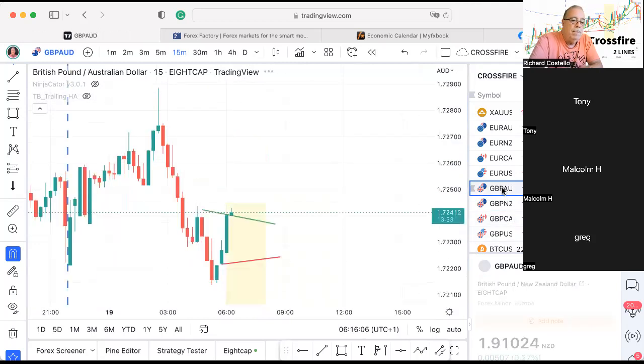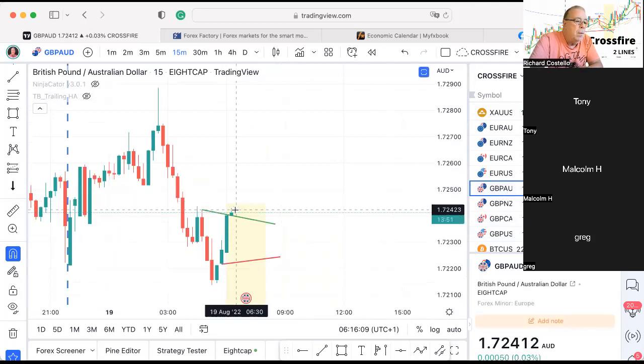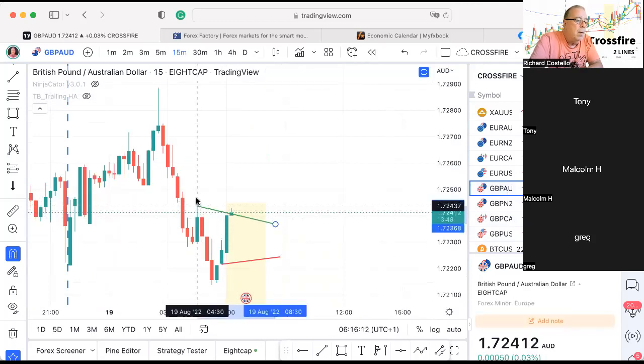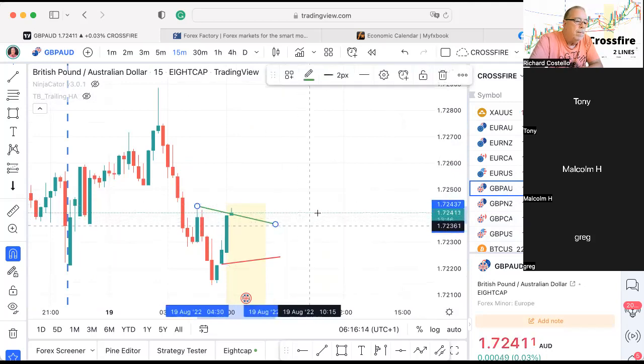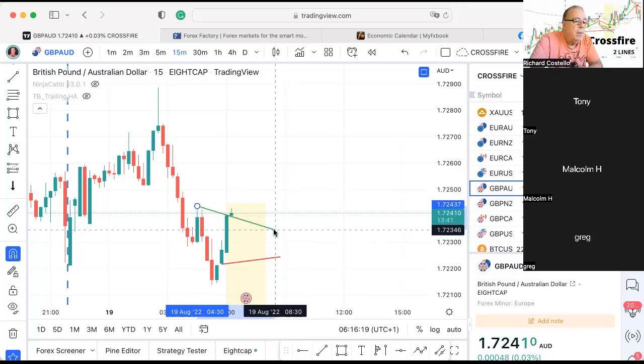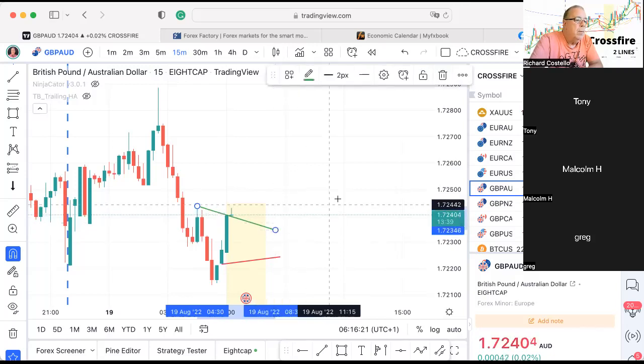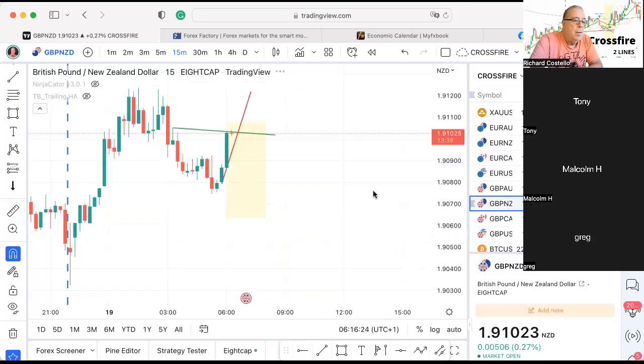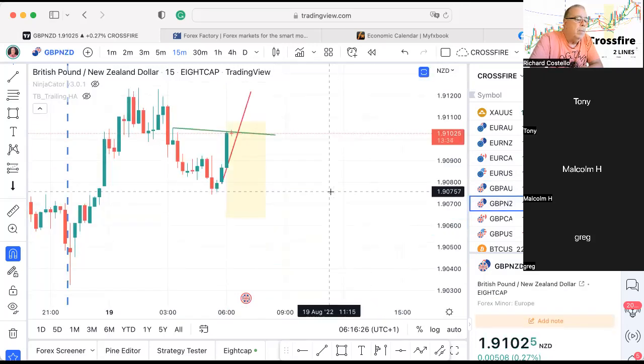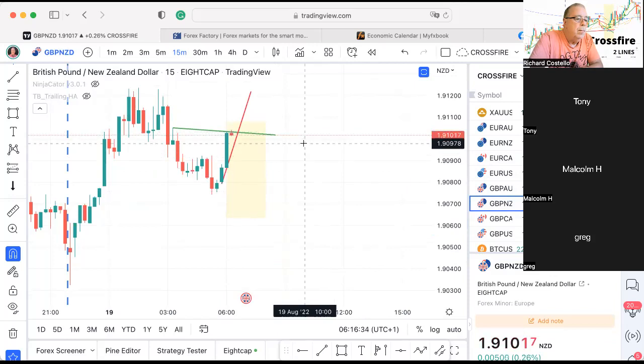Richard, again, we're talking about different feeds. To me, the next lower low candle is the one where you've got your red on. I'm on British pound, New Zealand dollar, not Aussie dollar, which is the next one to the 6 o'clock candle, and then the green one I've got is where the ninja down was, or it's just above that.